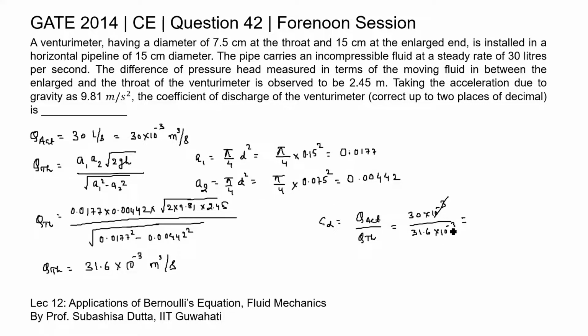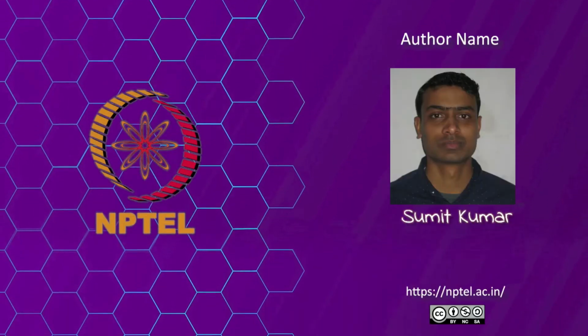So this 10 to the power minus 3 will be cancelled out. So 30 by 31.6 will be 0.95. So the coefficient of discharge for this venturi meter is 0.95. So 0.95 is the correct answer for this question. Thank you.